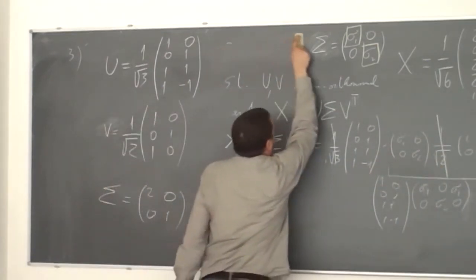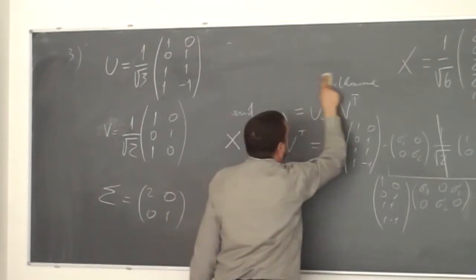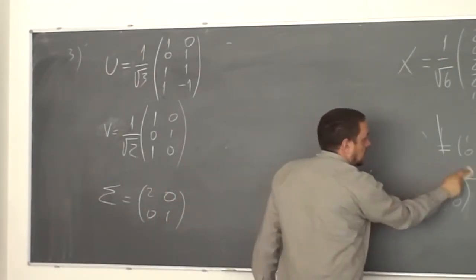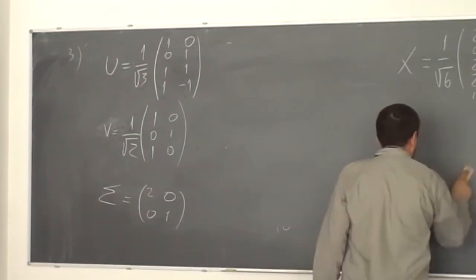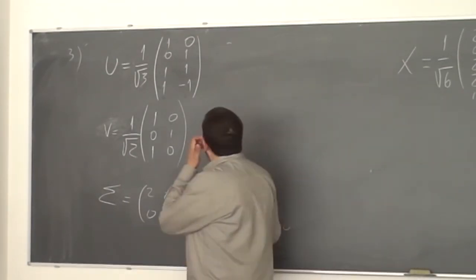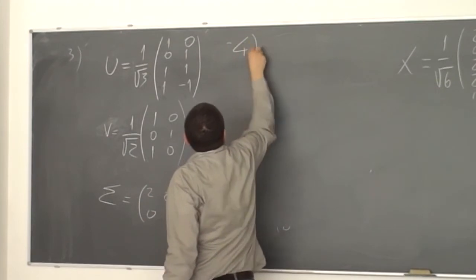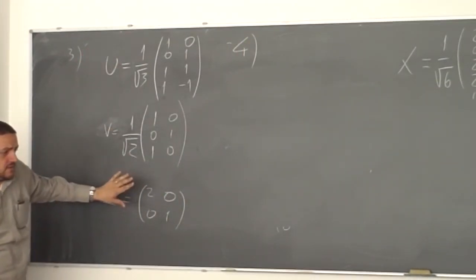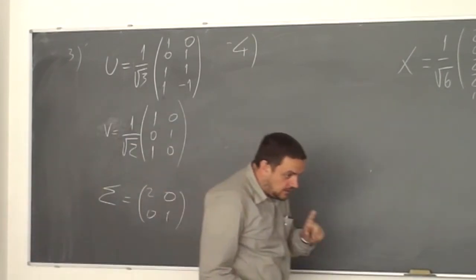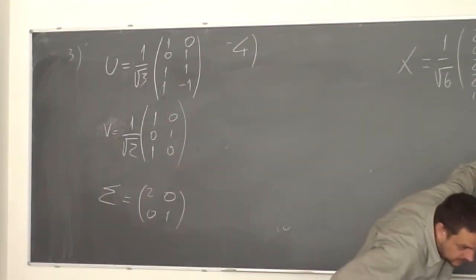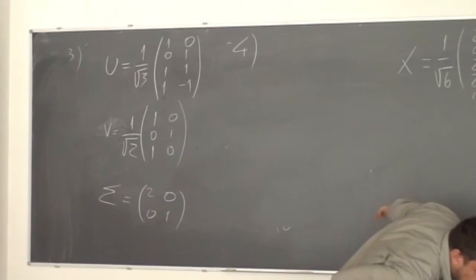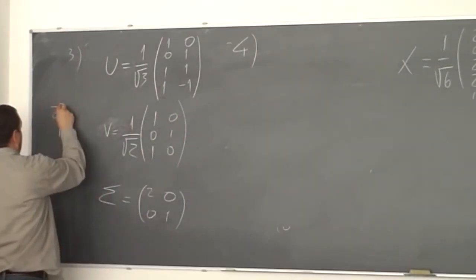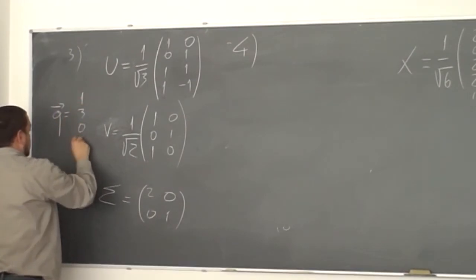Okay, fourth question. Once we have this decomposition, the fourth question was, given that now we have the singular value decomposition, and given, I erased the query, which was 1, 3, 0, minus 2. Here, our query is 1, 3, 0, minus 2.